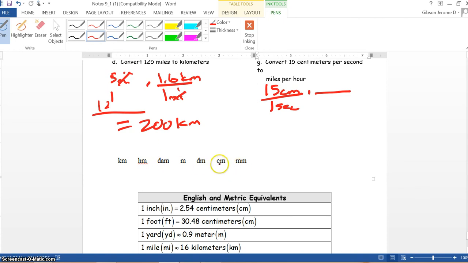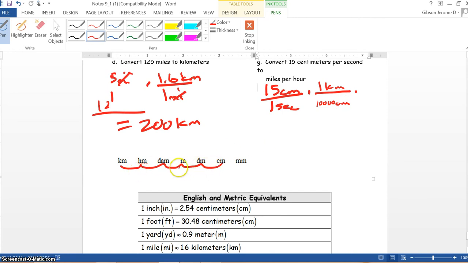So if you go from centimeters to kilometers, you go 1, 2, 3, 4. It takes 10,000 centimeters to equal 1 kilometer. So what we would have here is 10,000 centimeters is equal to 1 kilometer. Okay, now we will multiply that.